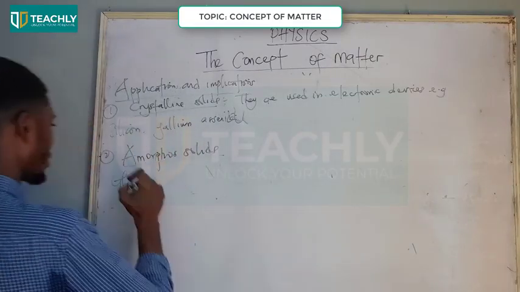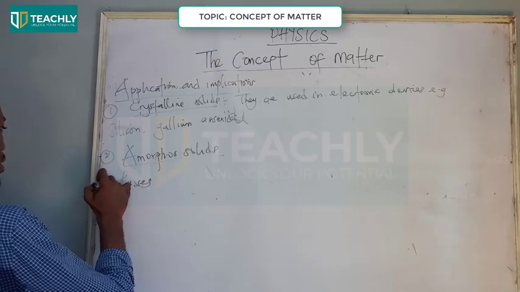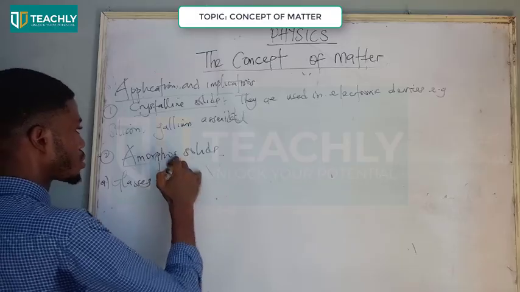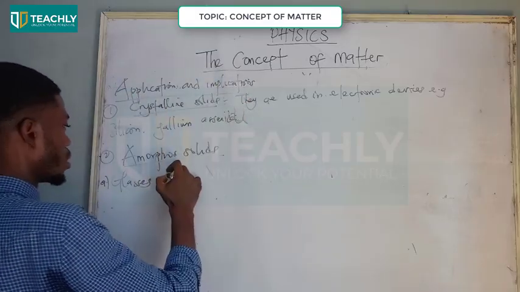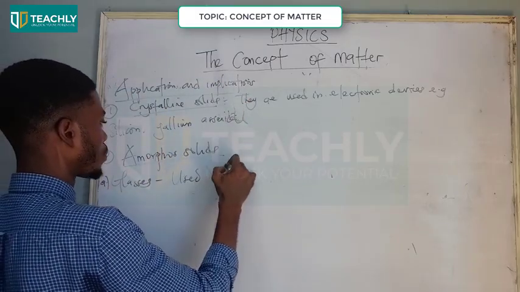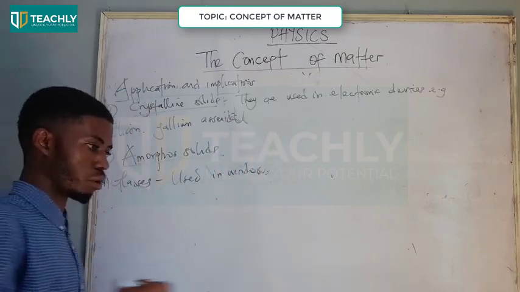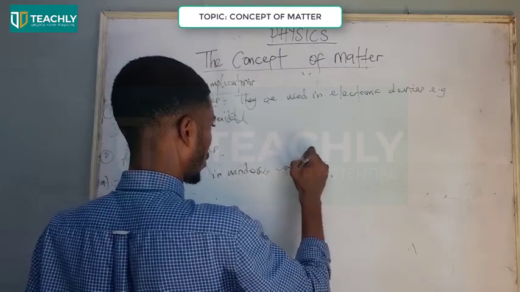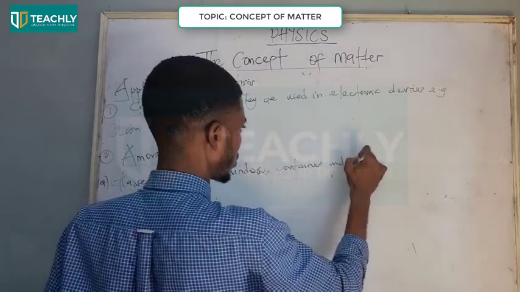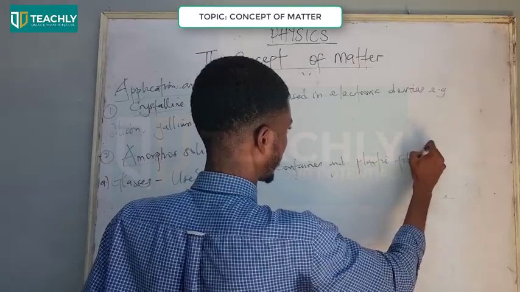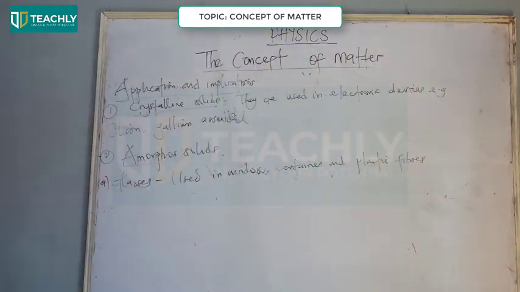So glasses, which is an example under amorphous solids, are used in windows. Don't forget we are talking about the applications and implications. We use them in windows, in containers, and what? Plastic fibers. Another one is polymers.